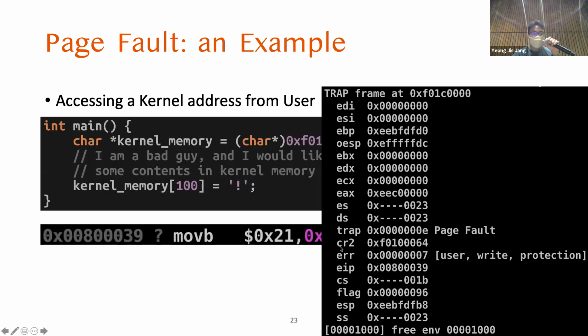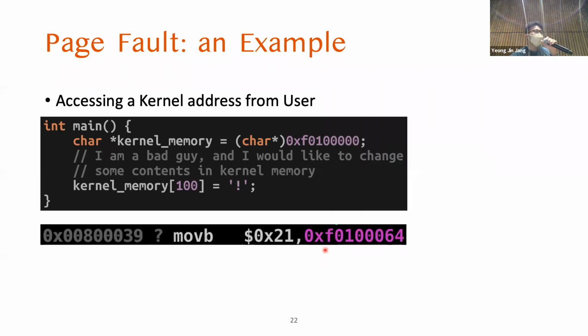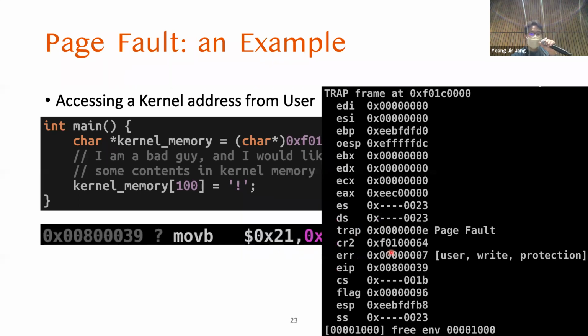Take a look at the CR2 register here: you can see F010064, and that was the address that this application actually accessed. So we can get the idea of which address generated the fault.